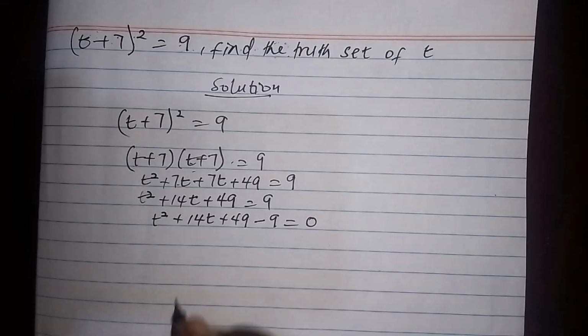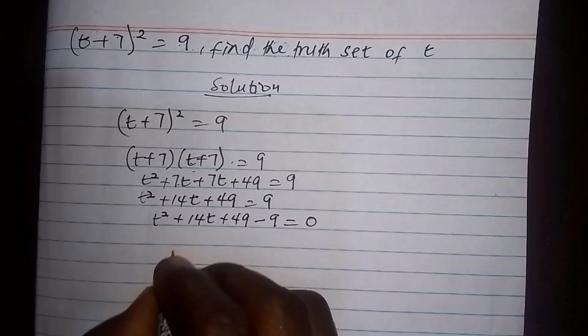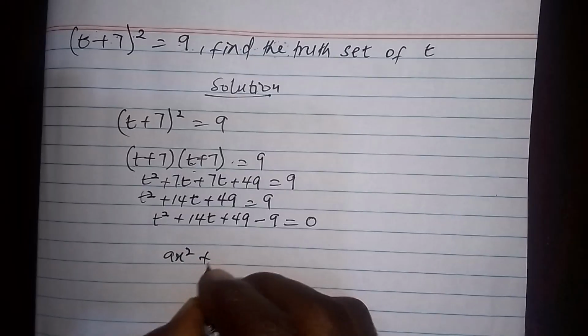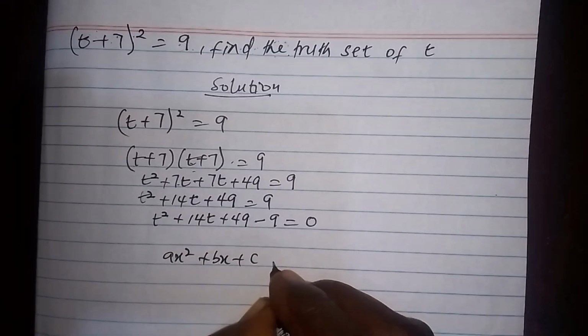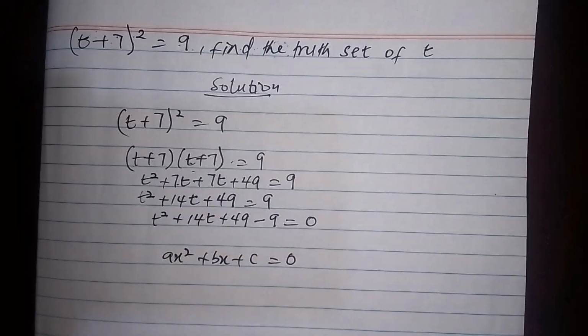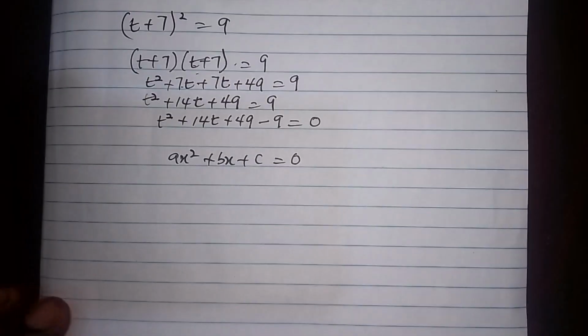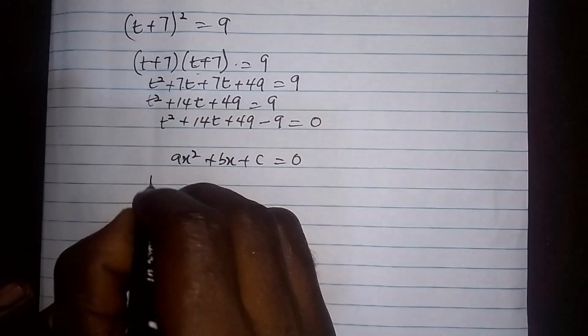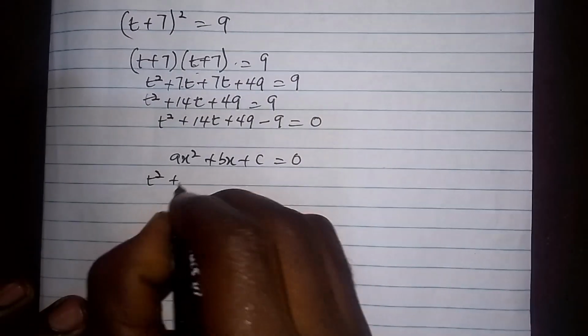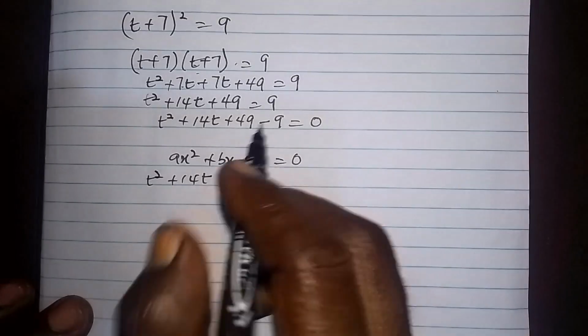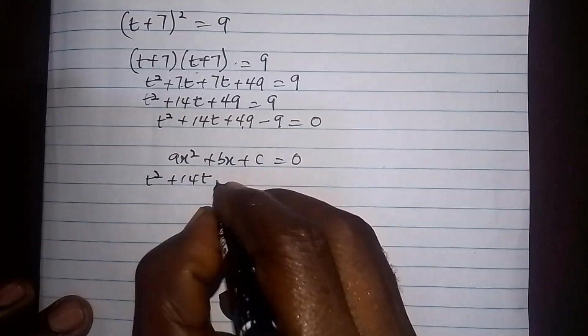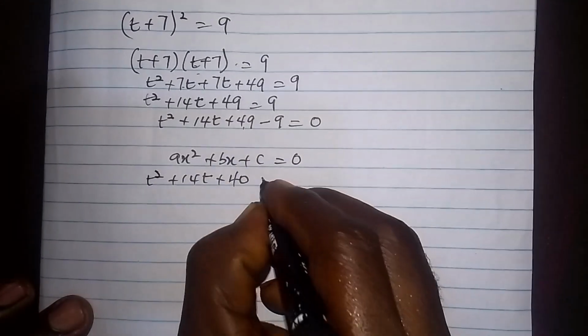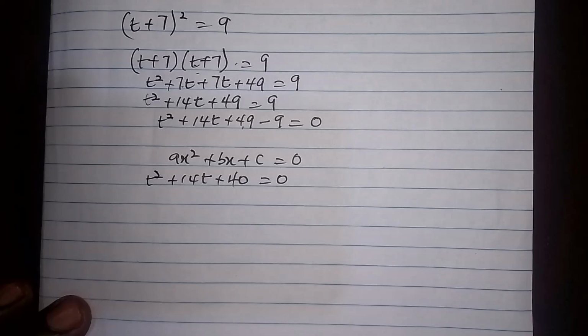Because a quadratic equation is of the form ax squared plus bx plus c equals 0. From this, I'm getting t squared plus 14t plus, 49 minus 9 will give us positive 40, equals 0.